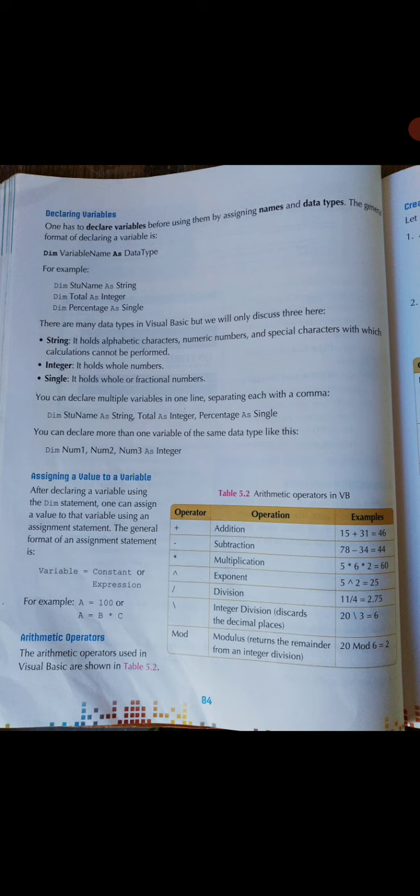One has to declare variables before using them by assigning names and data types. The general format of declaring a variable is Dim variable name As data type. So we can declare a variable by giving a name as well as a data type. Data type may be string, integer or single.